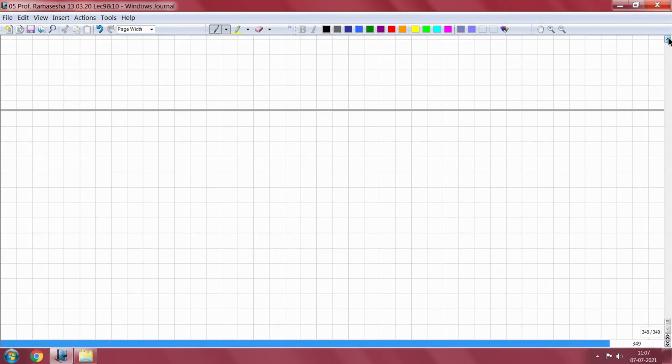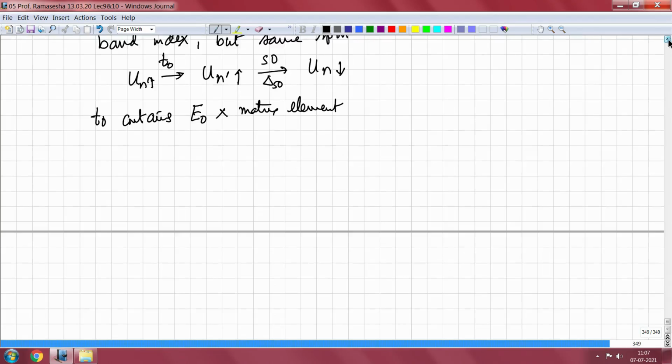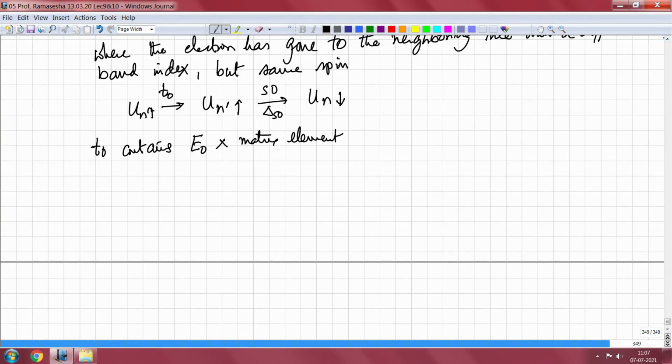So when you have this, then alpha R is of that form and delta BG is the band gap between the band of interest and the excited bands.